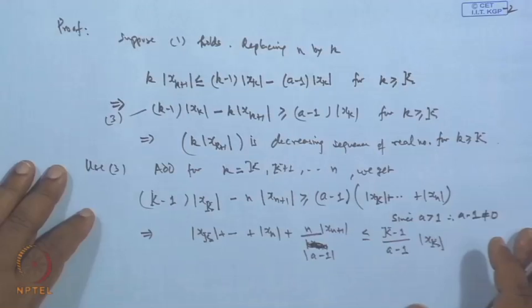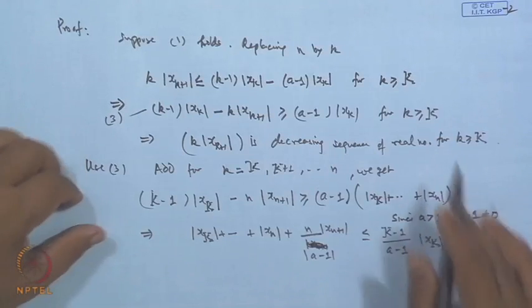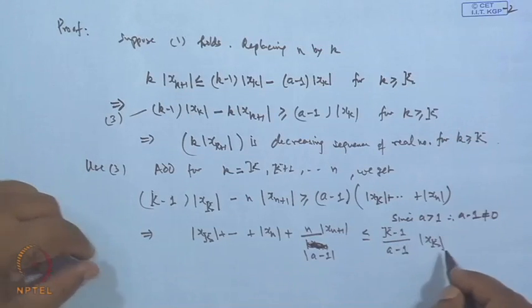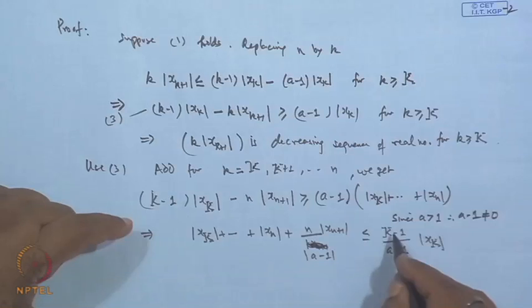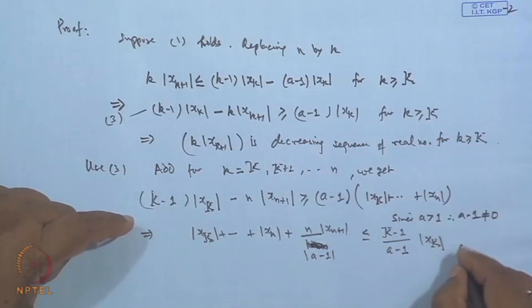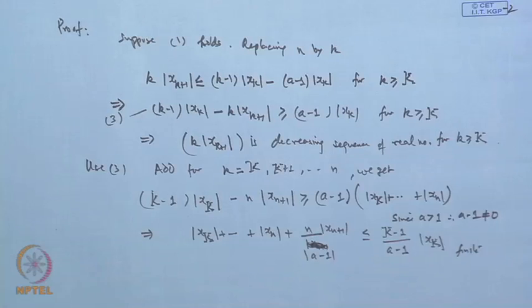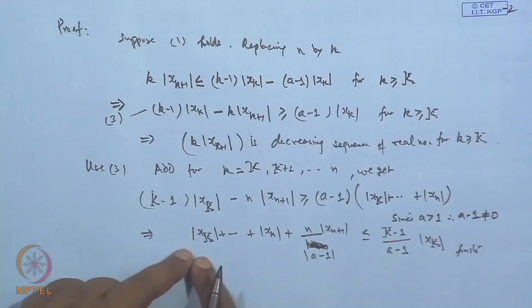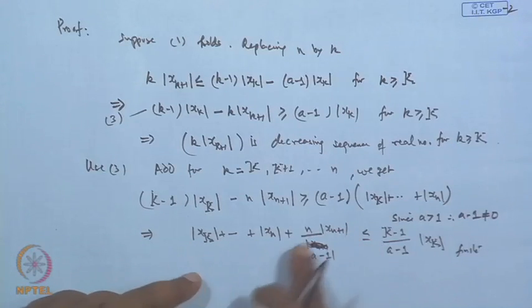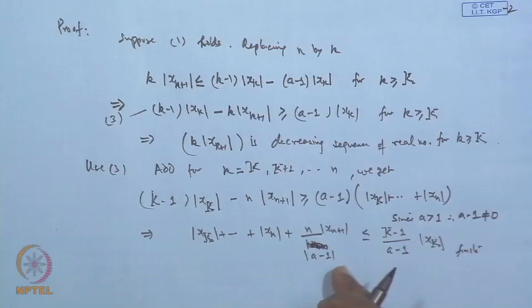Now, k is any number, is it not? So, k minus 1 is a fixed number, k is also fixed. So, this is basically a finite quantity, this is finite, bounded. Now, here if I look at this one, n is greater than mod a minus 1, because once a is fixed, then n can be taken so large that n over a minus 1 is greater than 1.